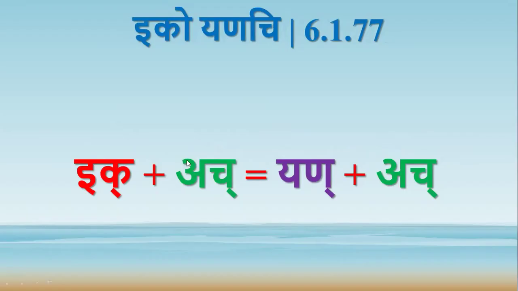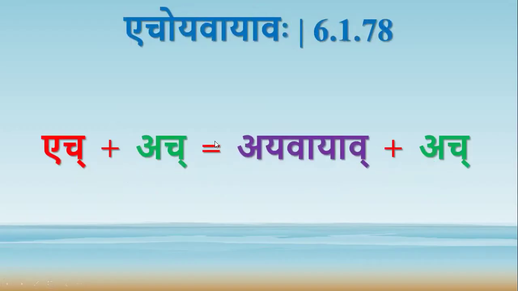The H letters remain as they are; they are just the nimitta for this conversion of Ik to N. Similarly, in Echo Yavayavaha also, the H letters A, O, I, O undergo Ayavayava Adesha when they are followed by H letters. But these H letters don't undergo any changes. Only the H letters undergo Ayadeshaha.